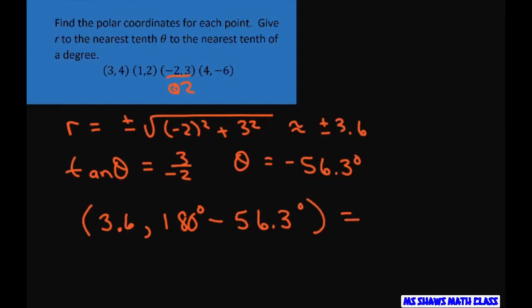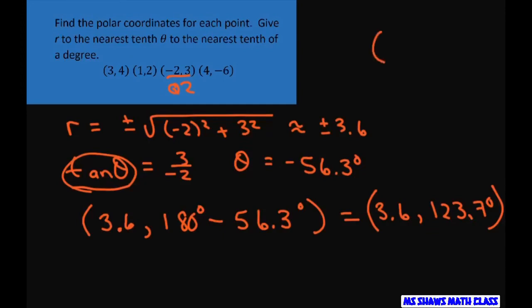So that's going to give us 3.6, 123.7 degrees. And that's because we did the inverse here. Now that's equivalent to negative 3.6, negative 56.3 degrees.